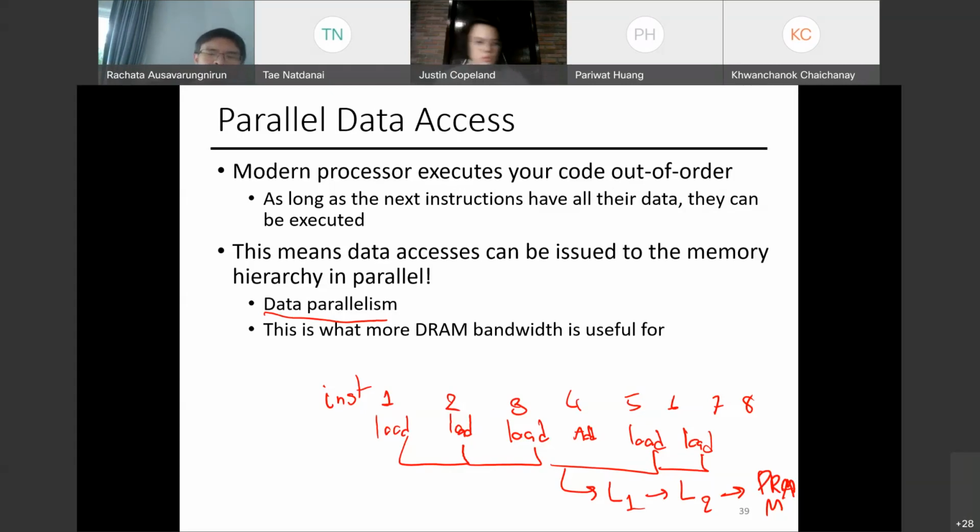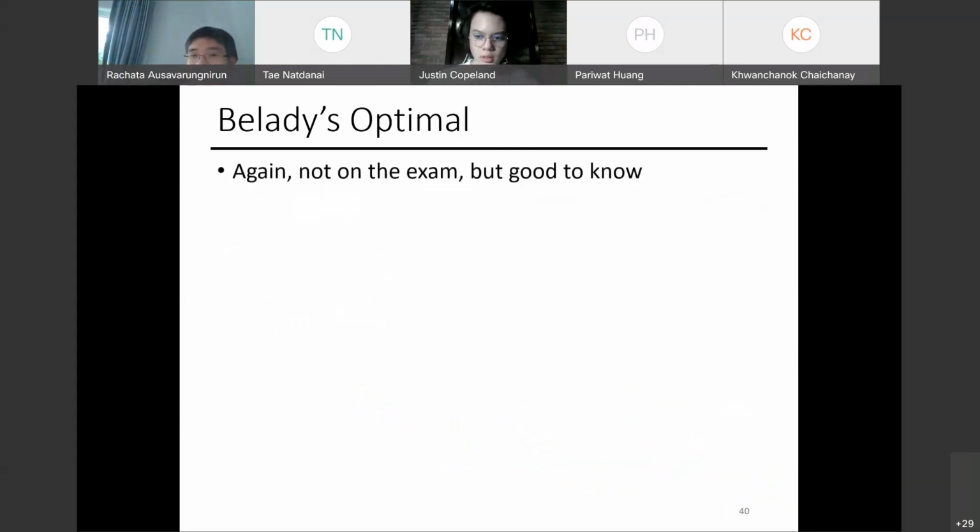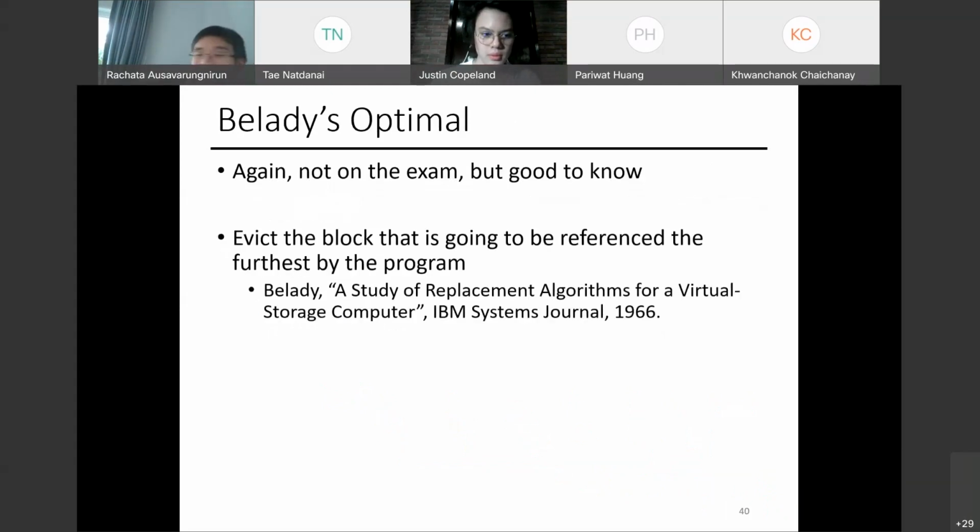All right. The other concept that you might run into in the future, even as a software programmer, is called Belady's optimal. Belady's optimal is more like a theorem. It's a theoretical thing. Good to know, not on the exam. It basically has to do with what we should evict. How do we select the replacement policy for my cache?